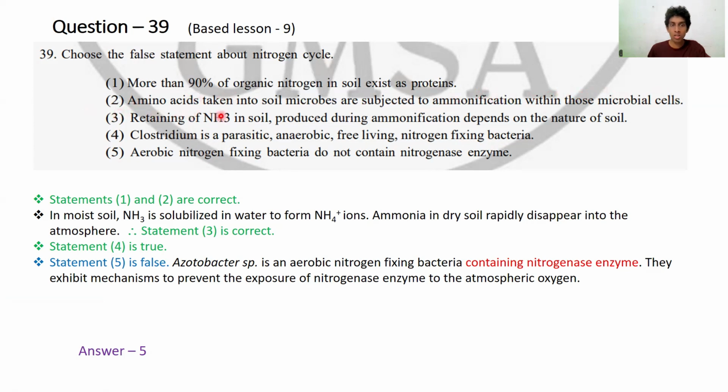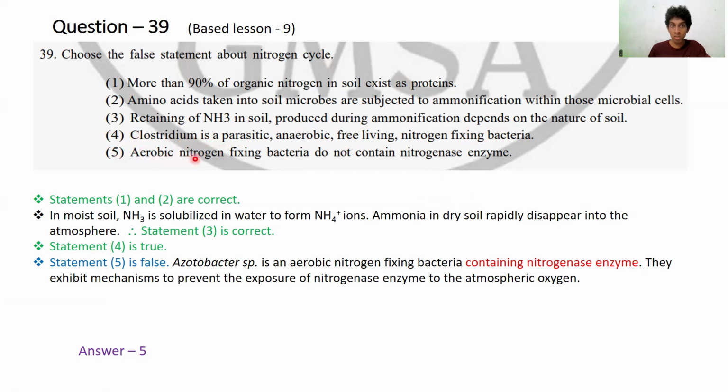Third one, retaining of ammonia in soil produced during ammonification depends on the nature of soil. That is correct, because in moist soil, the produced ammonia is solubilized in water to form ammonium ions, while the ammonia in dry soil rapidly disappears into the atmosphere. Okay. Fourth one, Clostridium is a parasitic, anaerobic, free-living, nitrogen-fixing bacteria. That is also correct.